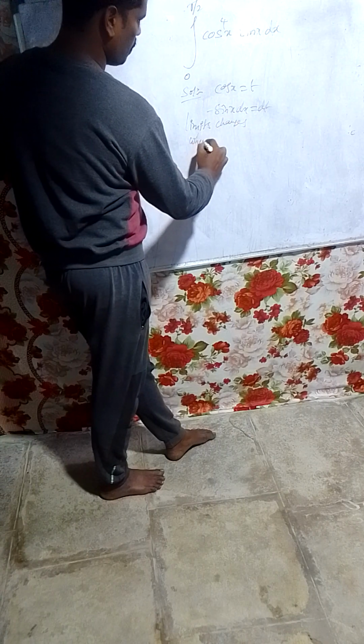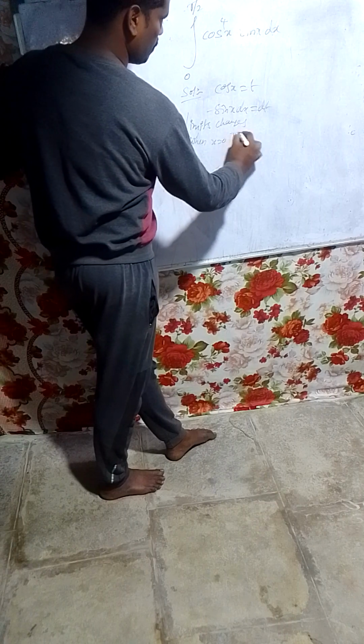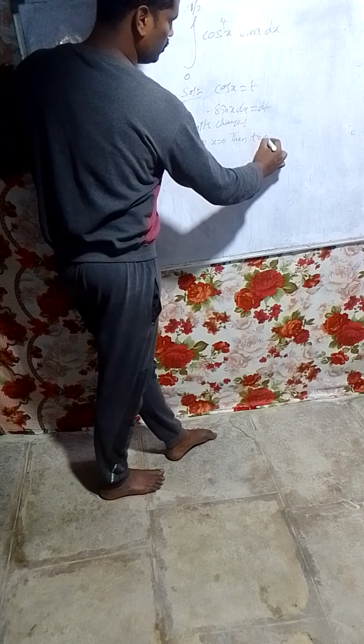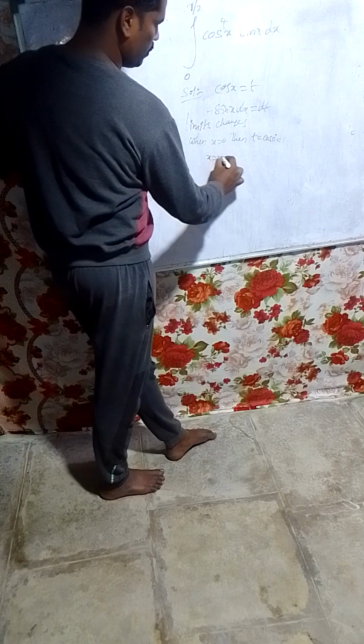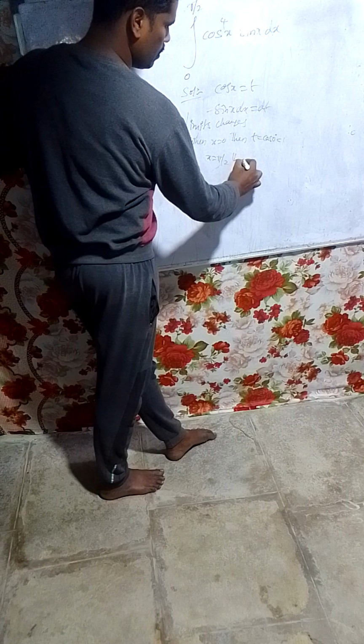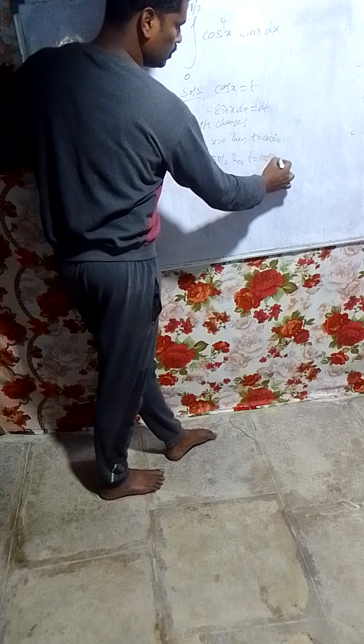When x is 0, then t is equal to cos 0, which is 1. When x is pi by 2, then t is equal to cos pi by 2, which is 0.